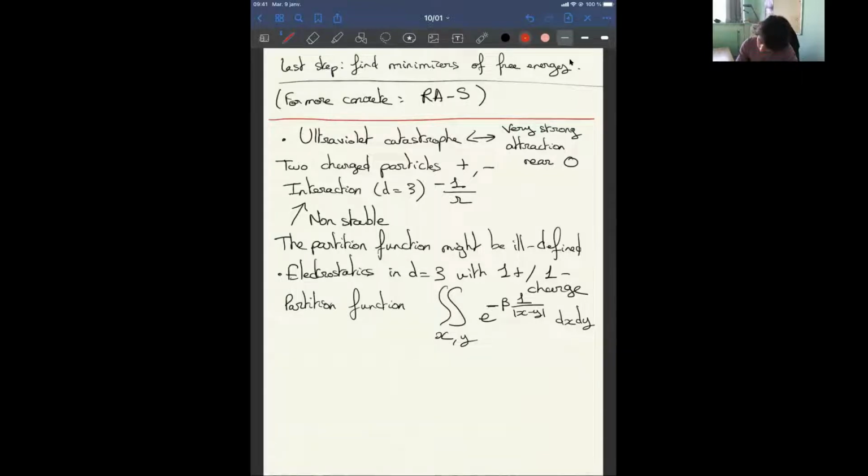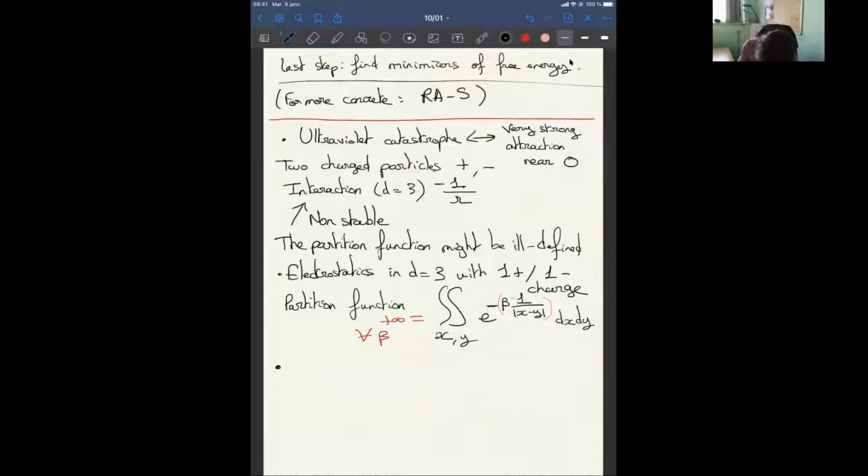Sorry, there's a plus, so it's e to the beta over |x minus y|, and you can compute that this is plus infinity for all beta. That explodes all the time. So in order to define electrostatics in dimension 3, you either need a hardcore condition, saying that the particles can't be too close to each other, or you need to do a quantum description or something.